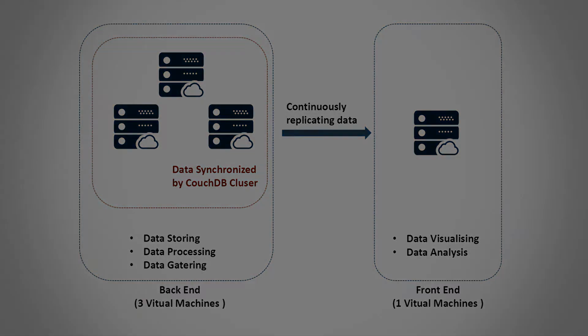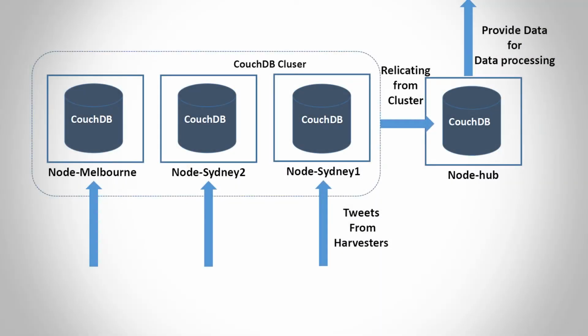Let's have a detailed look into our database design. We have 3 CouchDB nodes working as a cluster. It's pretty awesome. If you store a document into one of these 3 nodes, the other 2 will eventually be consistent with it.